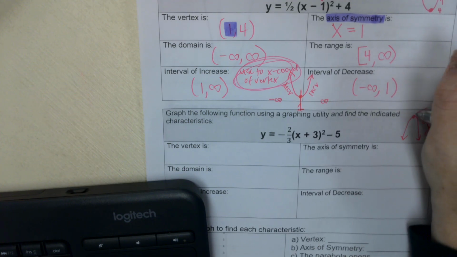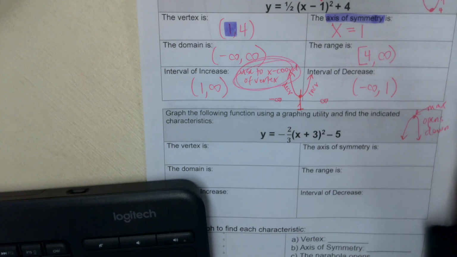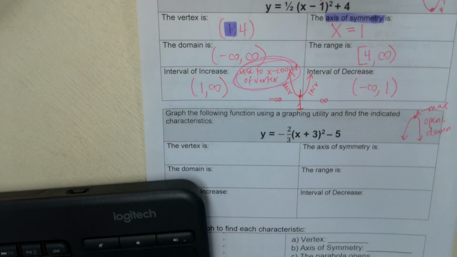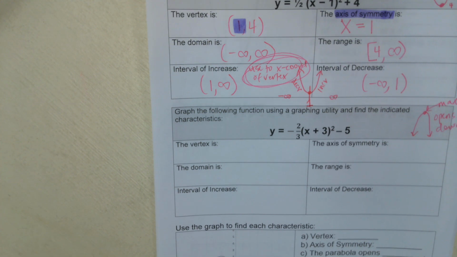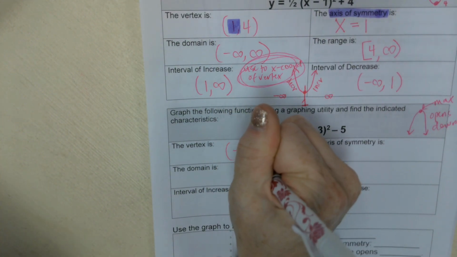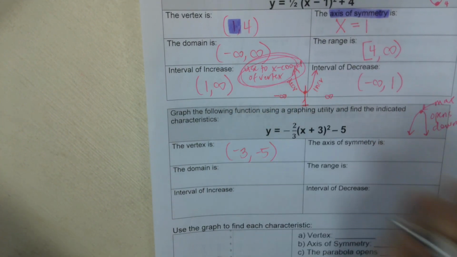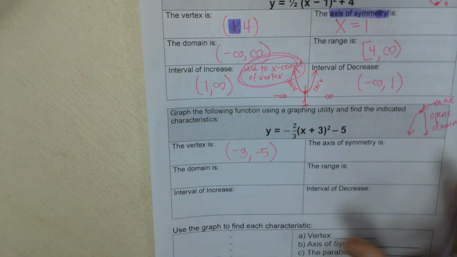So therefore, we know it has a maximum point. What is the vertex here? Inside opposite, outside same? -3, -5. If you type that in Desmos, there is no way you can get that wrong.